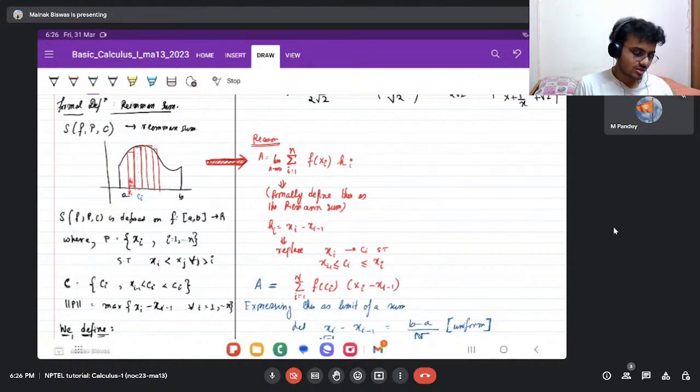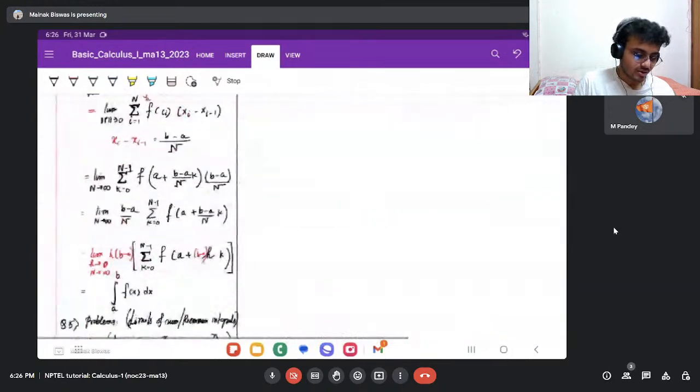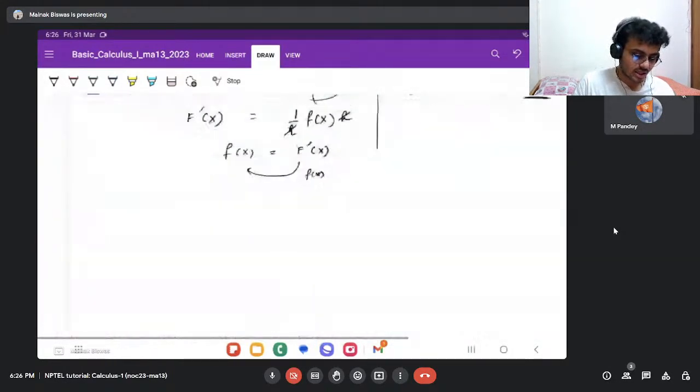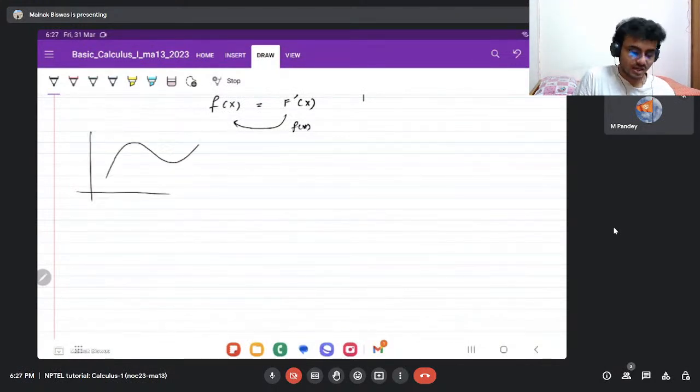So in this definition of a Riemann sum, if we have a curve, you can see what I have written here, and I'll be doing it again so that it's easy to understand, so you can use it as a note later. I will give you the intuition and then we can see how to use it to solve problems.